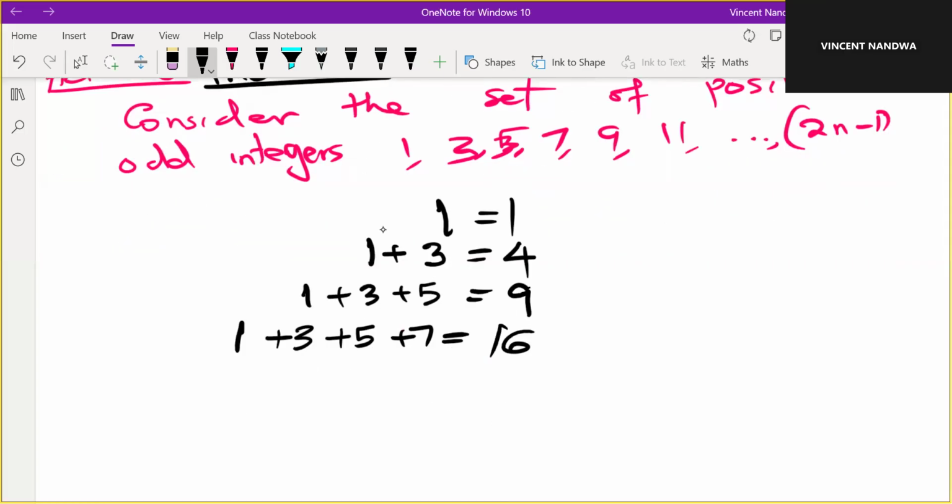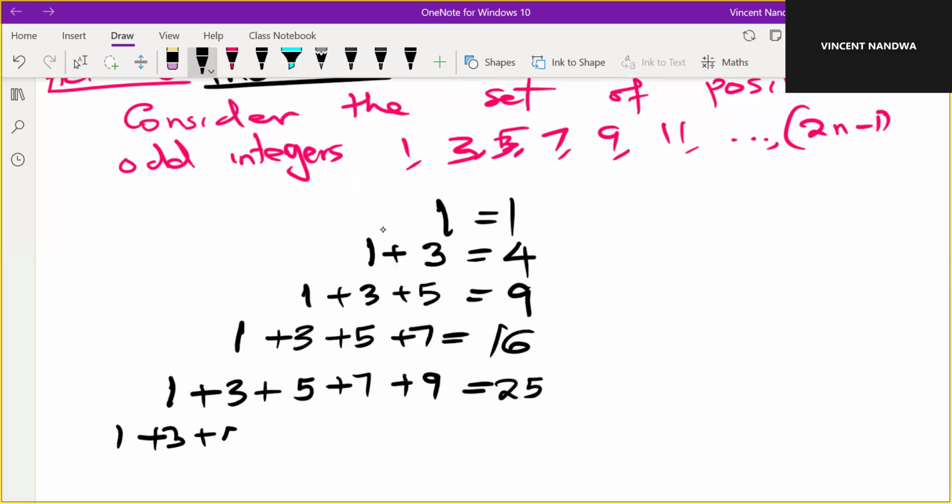And then if I have 1 plus 3 plus 5 plus 7 plus 9, the sum will be 25. Then I can stop here. If I have 1 plus 3 plus 5 plus 7 plus 9 plus 11, what will be my sum? 36.